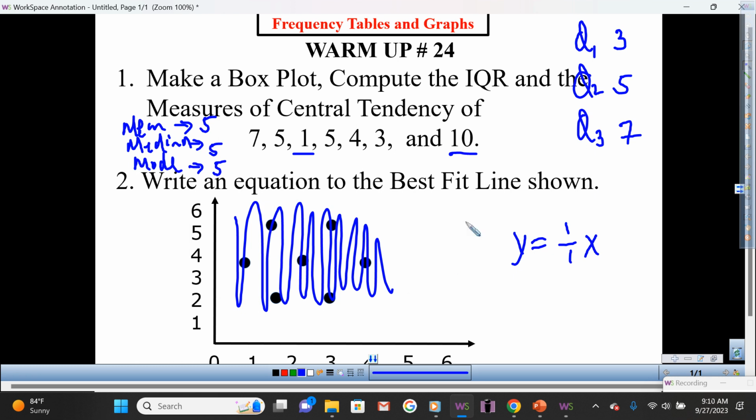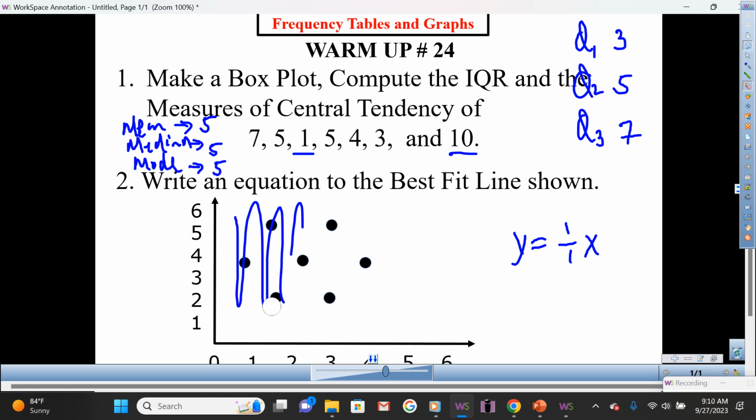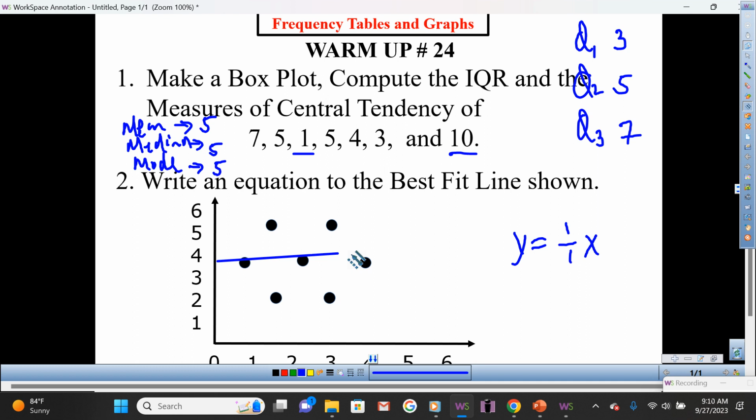Therefore, let me erase that. My line should be something like that, because it doesn't go up and it doesn't go down. So my equation for this line is y equals 4, with no slope.